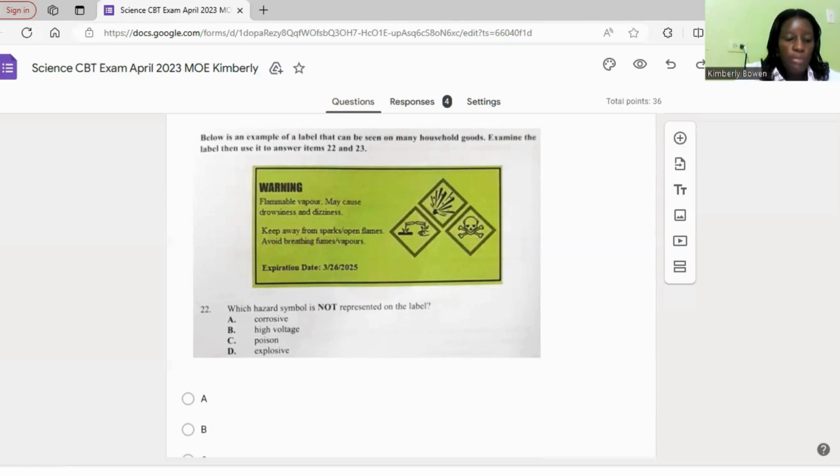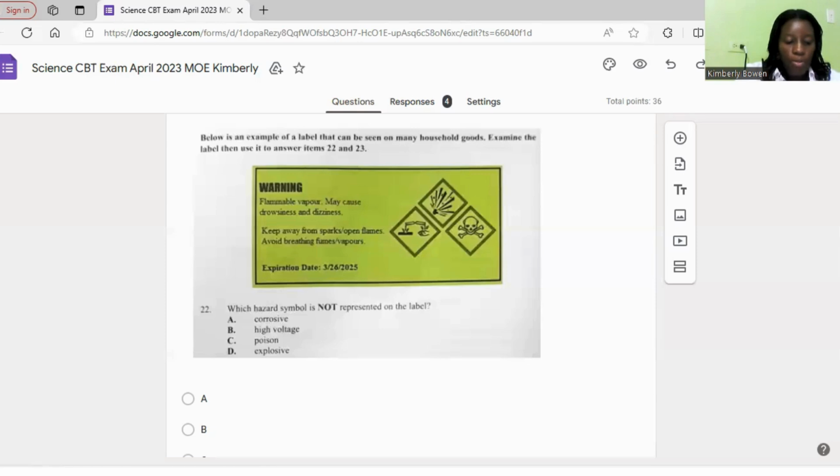Is it corrosive, high voltage, poison, or explosive? So let's look at them in more detail. For the symbol with the skull, that's poison.